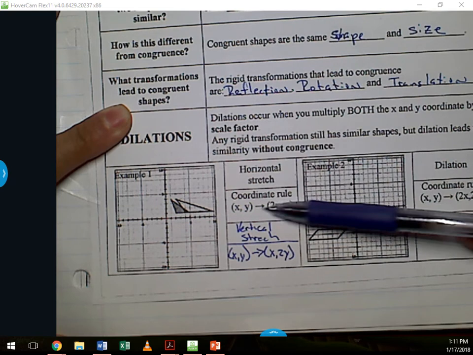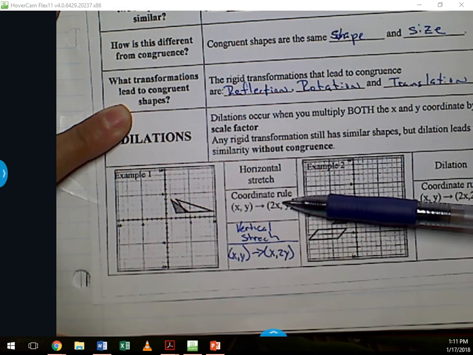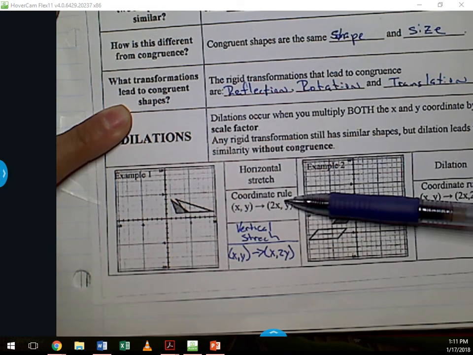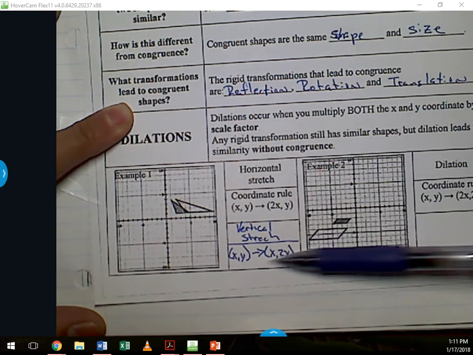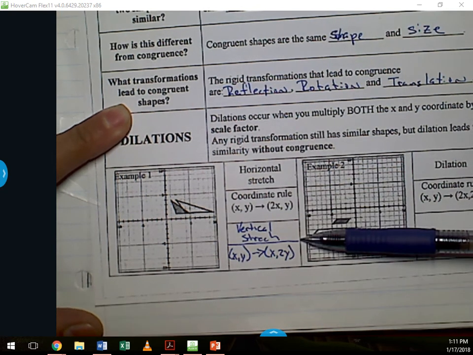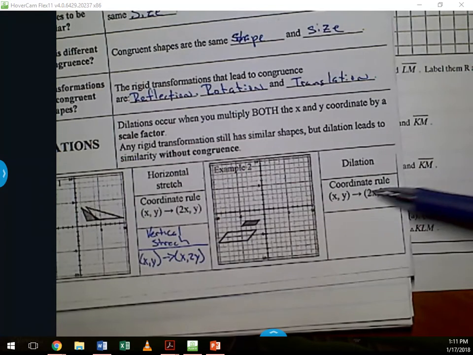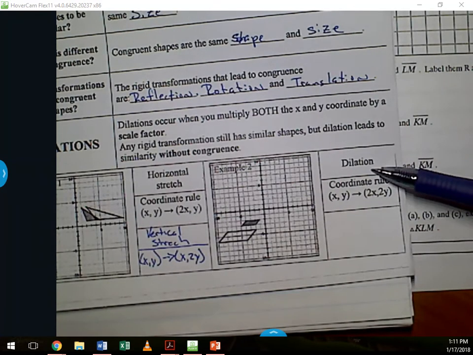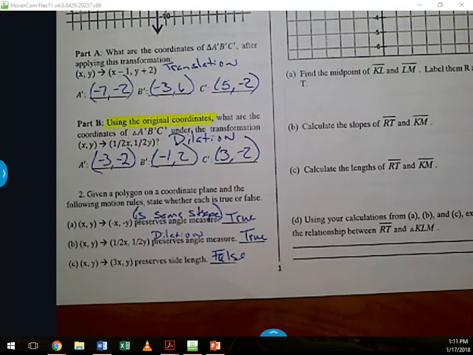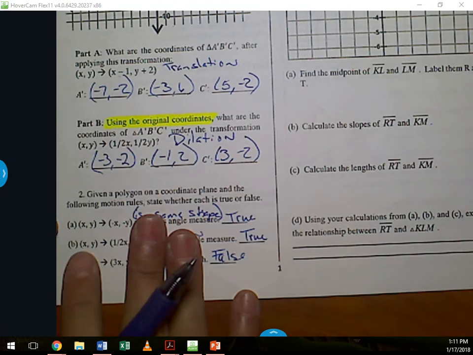So there it is, exactly in your notes. Horizontal stretch, that's it. If I'm only multiplying the y, it's a vertical stretch, isn't it? And if I multiply both of them by the same number, it's a dilation. Okay, good. So we have that.